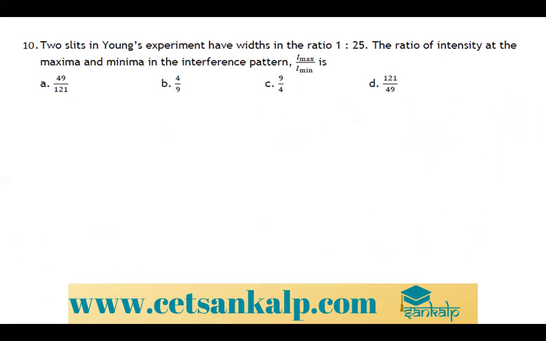Next, two slits in Young's experiment have width in the ratio 1 is to 25. The ratio of intensity at the maxima and minima in the interference pattern is.